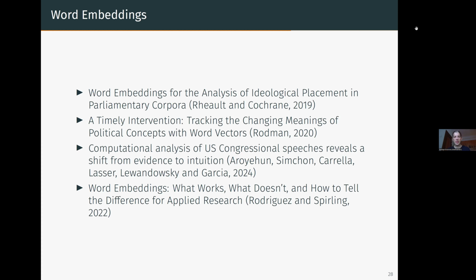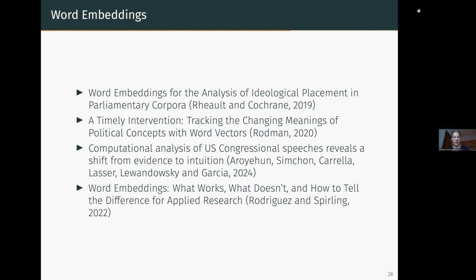And if you want some interest in it, then these are some very good papers that basically show the best of it. Please have a look at the paper by Rodriguez and Sperling. Sperling is also the one that wrote that great paper about cleaning up your text and pre-processing it.